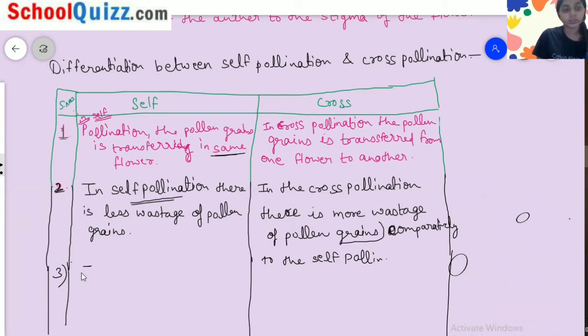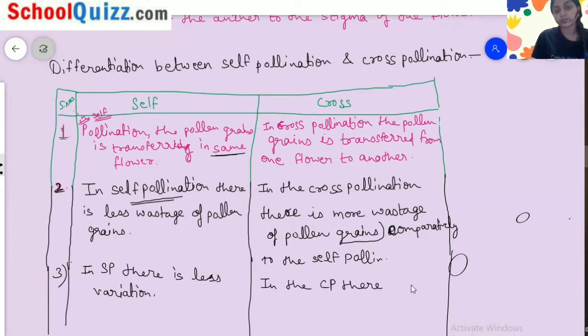Writing it in short form: in self pollination there is less variation, and in cross pollination there is more variation than self pollination.